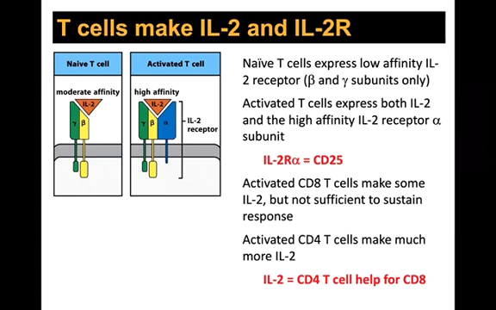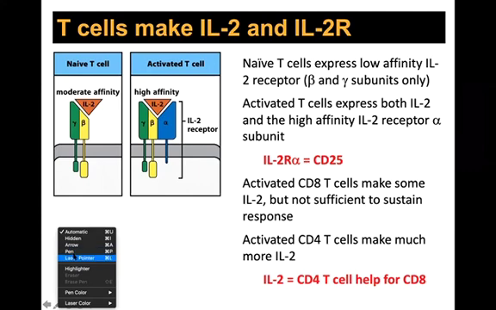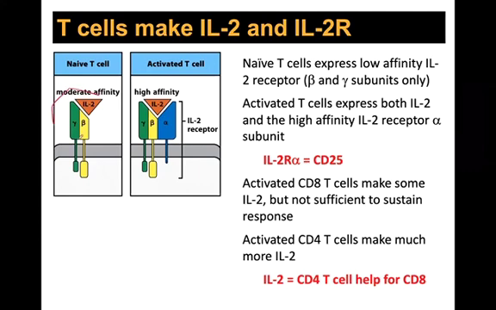And so what happens is that naive T cells express only the gamma and beta subunits of the IL-2 receptor. And that's a low to moderate affinity receptor for interleukin-2. But once these T cells are activated, they're going to make IL-2 and the alpha chain of the IL-2 receptor. Okay, this causes the IL-2 receptor to become higher affinity for IL-2.